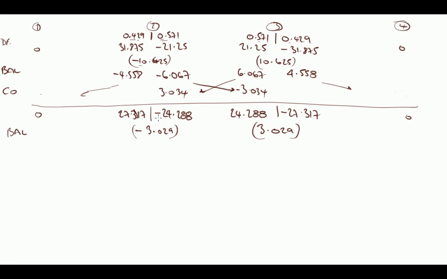So 0.429 of this value comes on this side, which is minus 1.299. 0.571 multiplied by that gives me minus 1.729. And similarly, this 3.029 splits in the ratio 0.571 to 0.429, giving me 1.729 that side and 1.299 on that side. Again, no carryover moment to consider here, it just goes to 0.